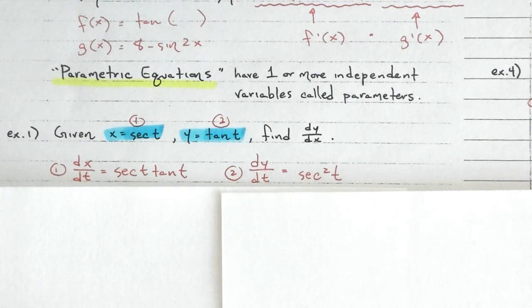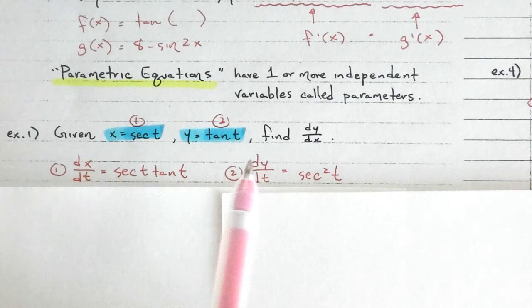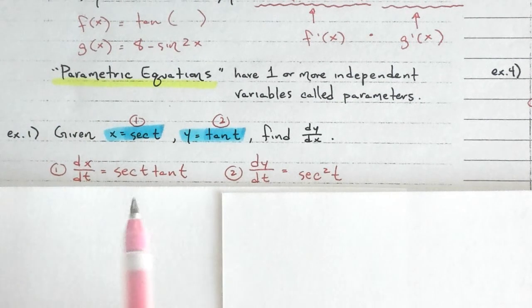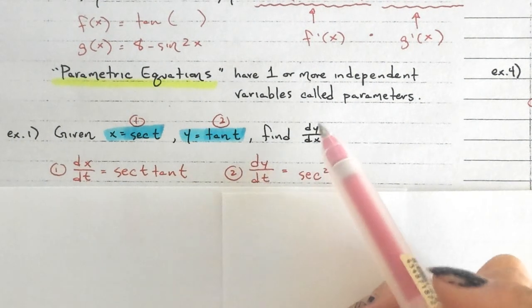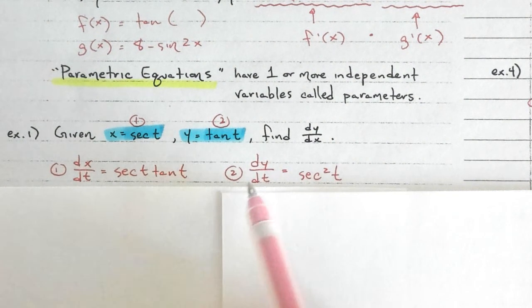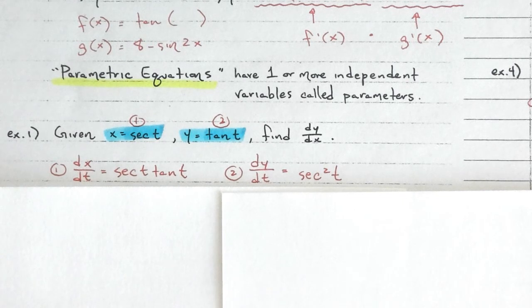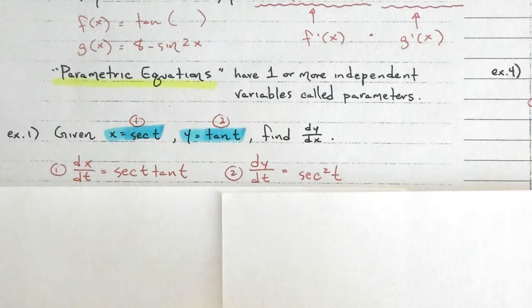Okay, so now we have our two derivatives. I numbered them, so I can really see this one comes from here, and this one comes from here, right? So these two together, these two together. Now just think about it. If we have dx over dt, and we have dy over dt, how can we get dy over dx? How can we mathematically get rid of the dt's?